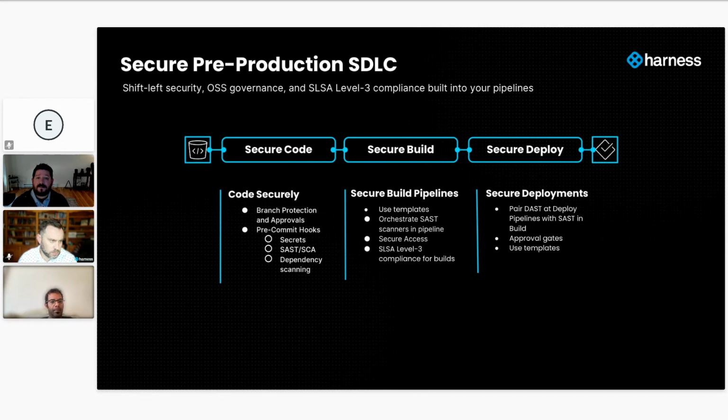So back to that piece with beginning with developers, I think starting to think about code securely, we look at what's closest to the developer, whether that's within the source code management system, even directly within their development environment. Things like branch protection, which gives us the ability to extend governance across our repositories.